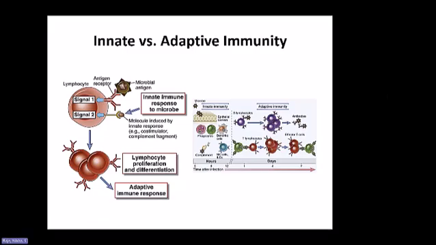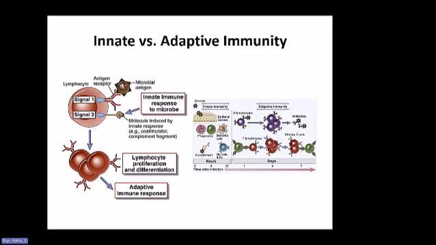And then for the adaptive immunity to be activated, it still needs input from the innate immune system, which provides that second signal and tells the adaptive immunity that there is a danger, apart from just that there is a foreign antigen.